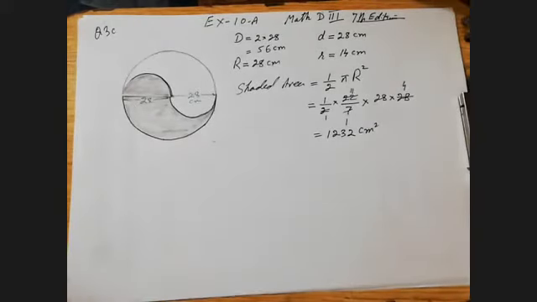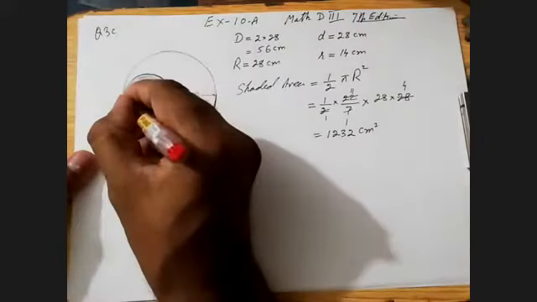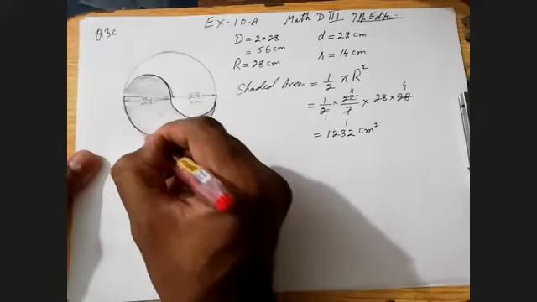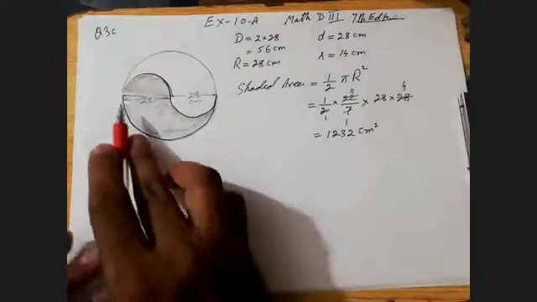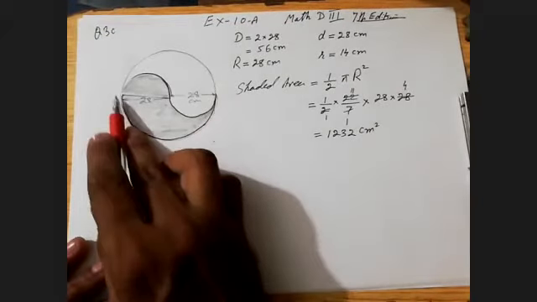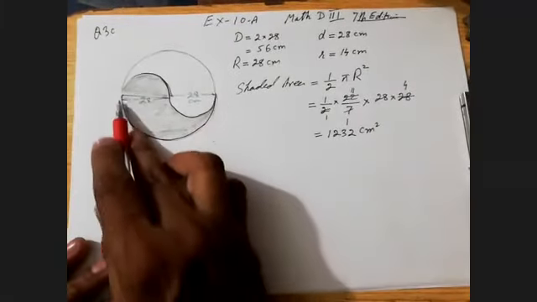So here you can see this bigger one, this lower one. Let me represent this lower one with red. This is the arc of the bigger circle, half circle. Okay, half circumference of the bigger circle.